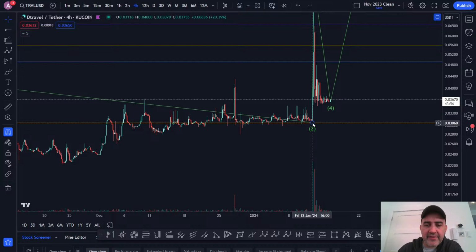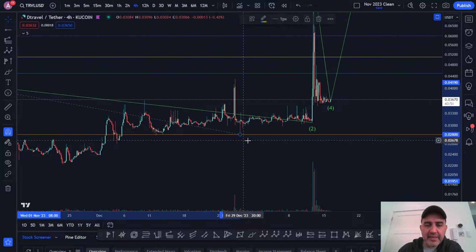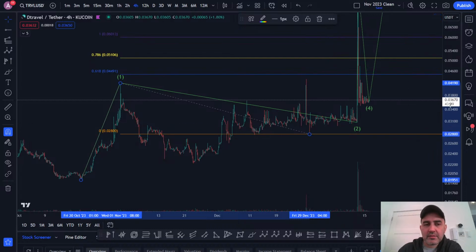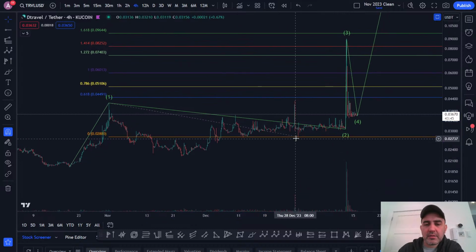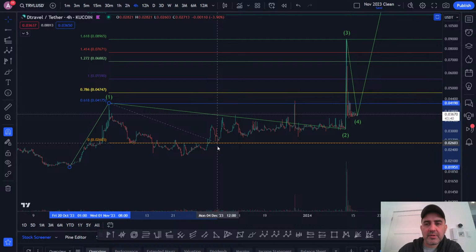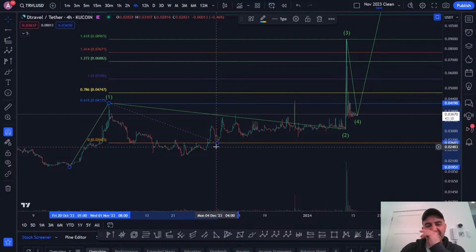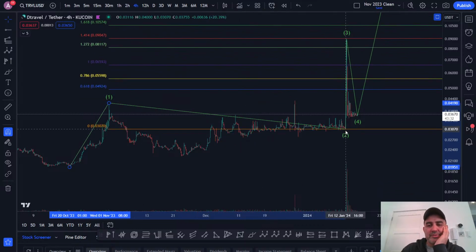See, it's very kind of subjective, because if you take KuCoin to this pivot low here, it's like, which one do you take? You take this one. That would be 1.618. But I don't think that's right. That's the impulse.